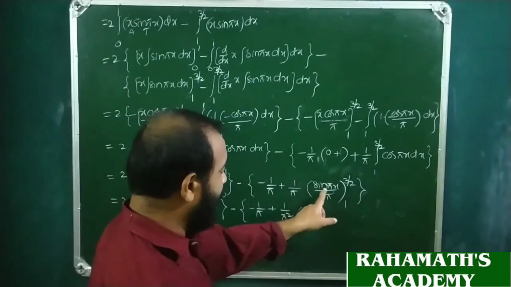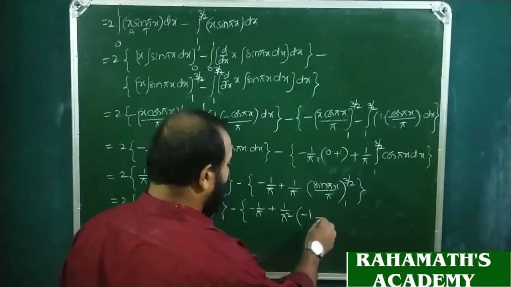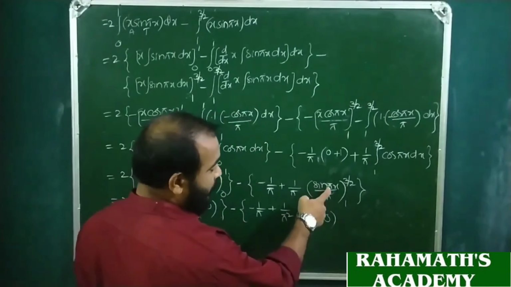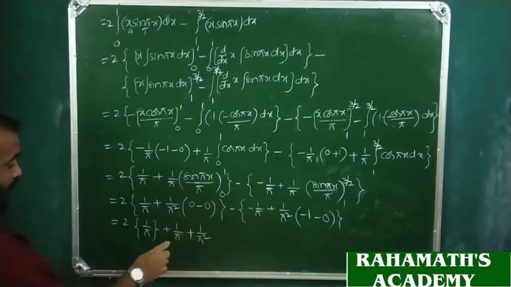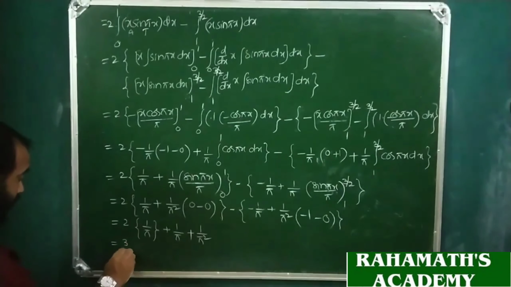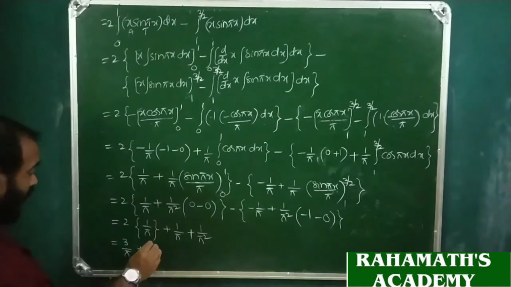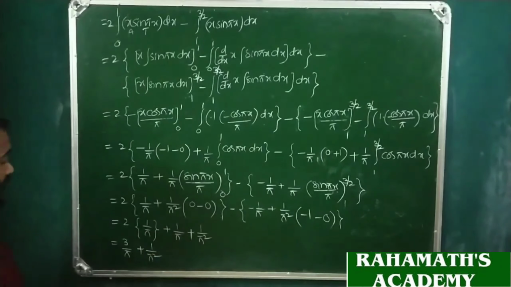Minus sin pi into 1, sin pi value is 0. So this equals plus 1 by pi, 3 by pi plus 1 by pi square is the answer.